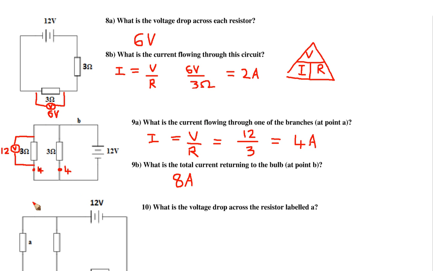Once you've figured that out, you can very easily solve the problem. This resistor gets the full voltage, 12 volts divided by 3 ohms, using the formula, gives us 4 amps. If we've got 4 amps in each branch, that must combine and we'll have 8 amps returning to the battery.